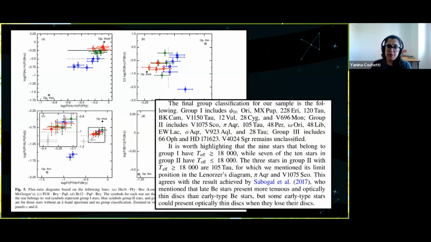But early-type stars can develop optically thin disks when the optically thick disk that they could develop at some moment starts to dilute. So you can have both types of disk for early-type B stars, but only optically thin disks for late Be stars.